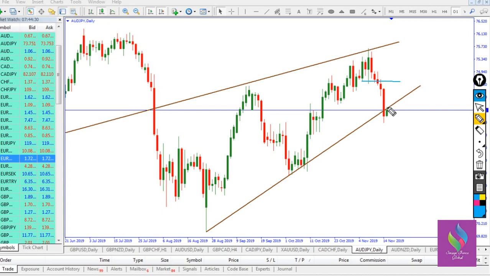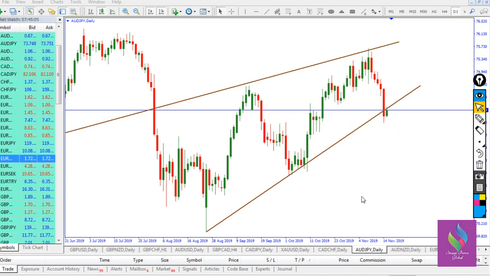So a very nice pullback into this region, and I would love price to actually rally into this resistance line. Then we'll be looking for an opportunity to join in the downward trend after breaking this trend line. Hopefully we'll be able to get that setup, but I'll still want price to jump up into this region. Then we'll be able to take a very nice and decent profit trade right there, and that should put us in a massive profit.